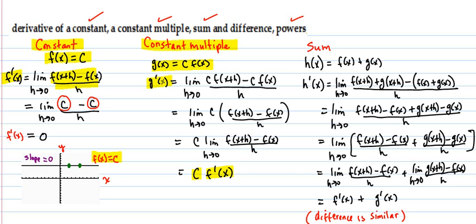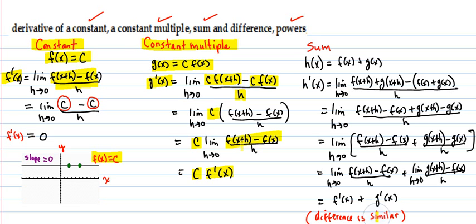So g prime of x, it's the limit of c times f of x plus h minus c times f of x over h. Factor out the c to here. Then factor the c in front of the limit, because a limit of a constant times something is a constant times the limit.